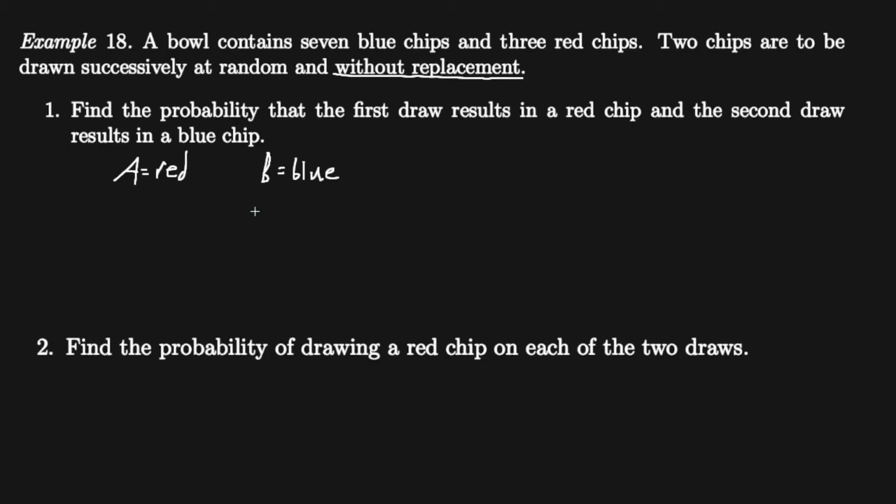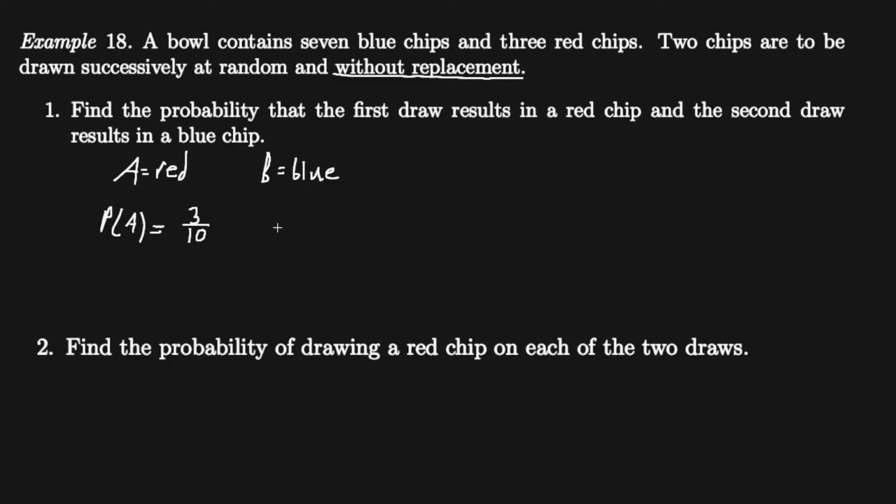It says the first draw is the red chip, so that's the probability of A, which is how much? 3 red chips out of 3 plus 7 is 10, so that's a 3 out of 10 chance of getting the red chip. And then the second draw results in a blue chip.